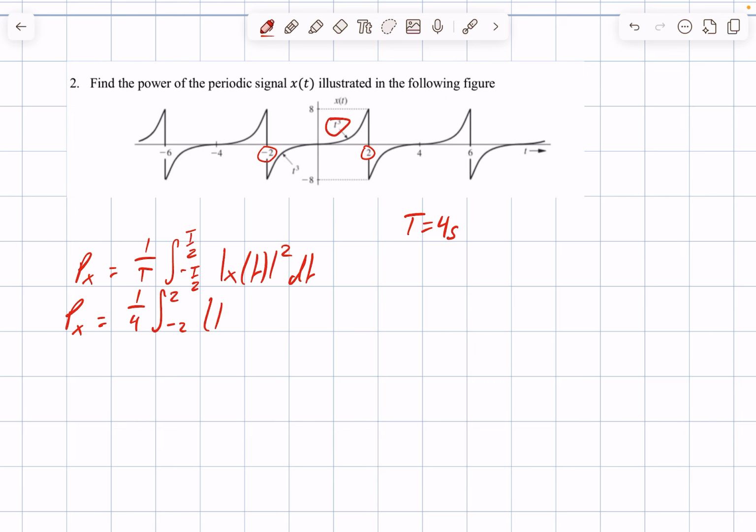So this will be t cubed squared dt. And using exponent rules, we can simplify that. So that will be t to the 6 dt. Because whenever you have your exponents in this fashion, for example, you get to multiply them together.